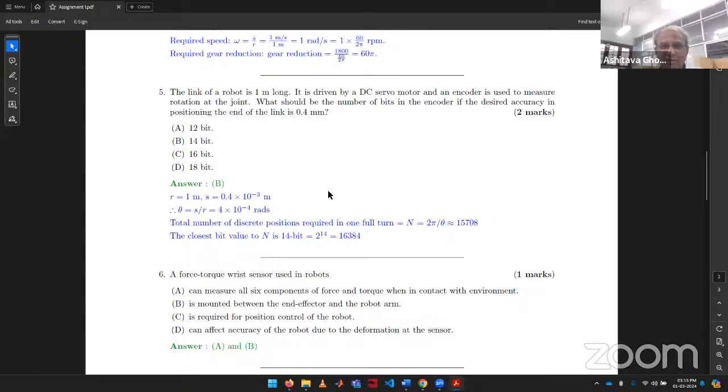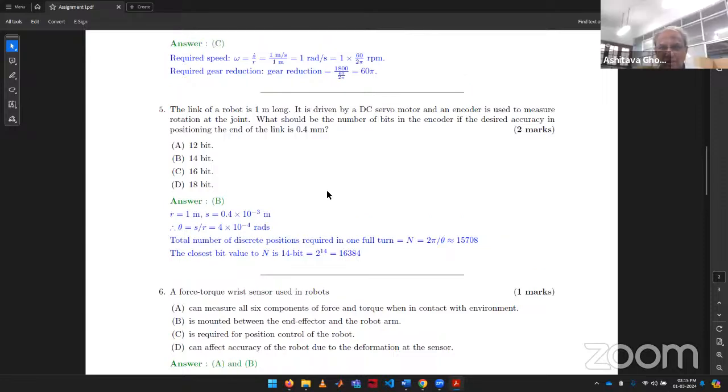Is this clear to everyone? Because this is also a very simple problem. Is there anybody who did not try this or thought it was too difficult? Is it clear to everyone?